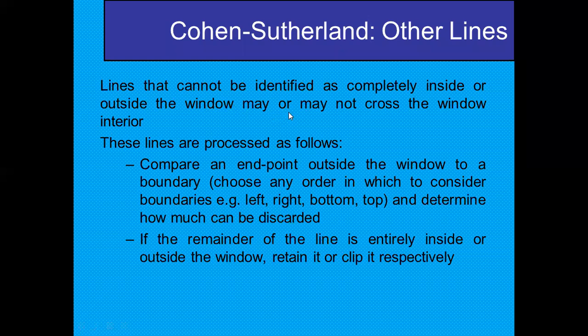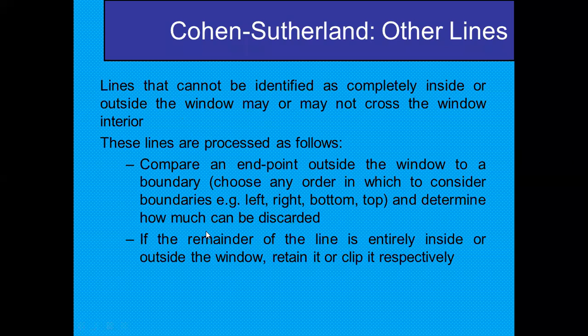Some lines cannot be identified as completely inside or outside. There are a few lines for which the user cannot tell whether they are inside or outside; they may or may not cross the window interior. These lines are processed as follows.